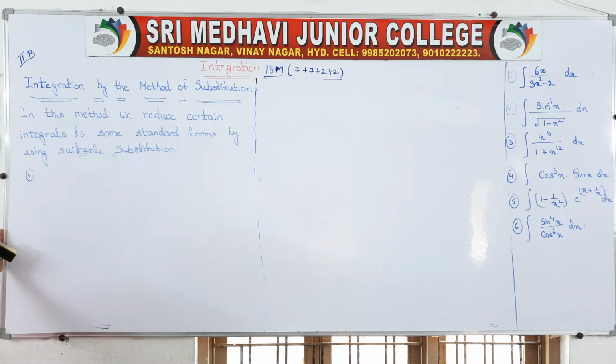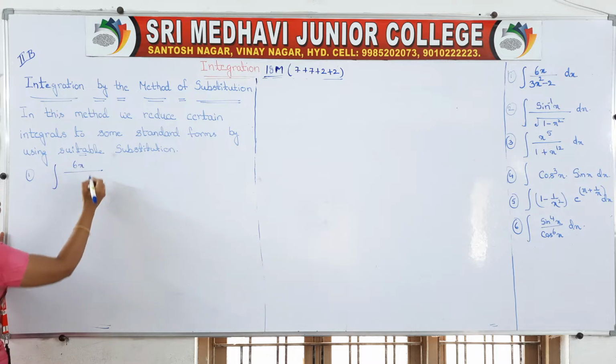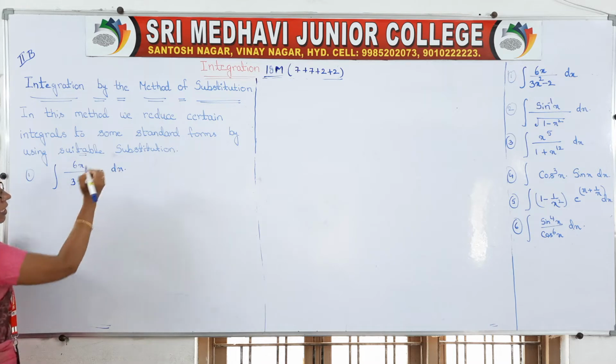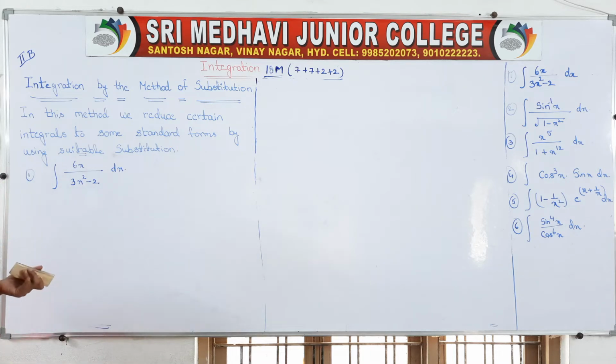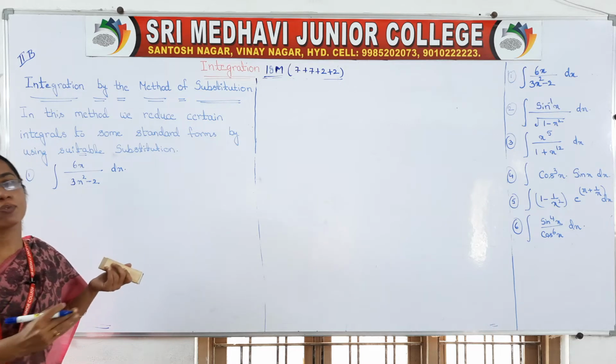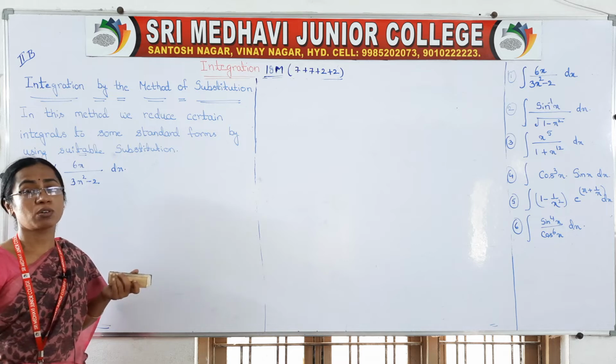See, what is that? Find the integral of 6x by 3x square minus 2 into dx. So observe, there is no standard form in it, right? Only x values are there, only 1 by x, only sin x, only cosec x.